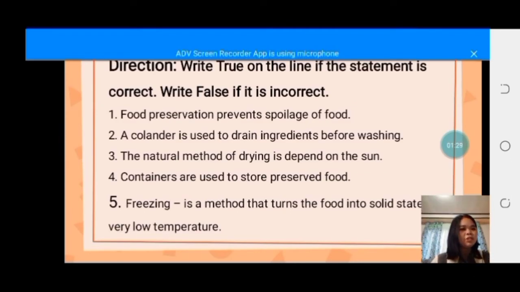So, direction. Who can read the direction? Direction: Write true on the line if the statement is correct, and write false if it is incorrect. Okay, class? I will give you 5 minutes to answer.